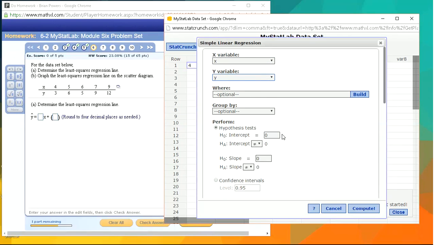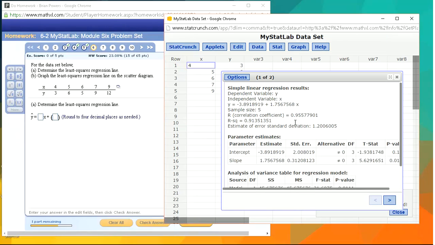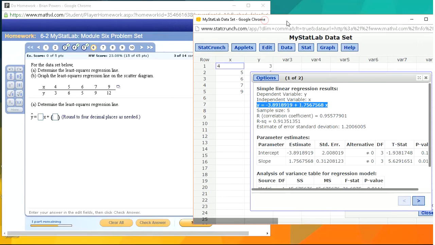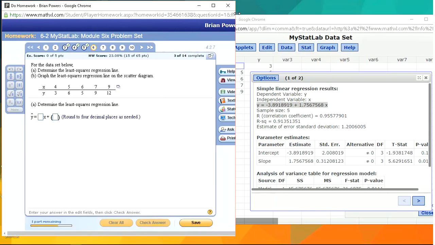Very simple. You can leave the hypothesis test here. It's going to give you a lot of extra information, which you don't have to use all of. Really, all we're looking for here is the linear regression equation.